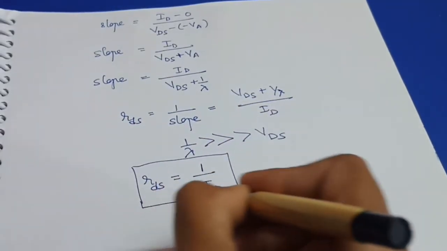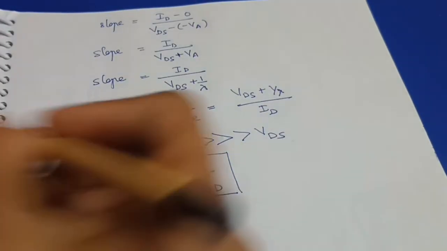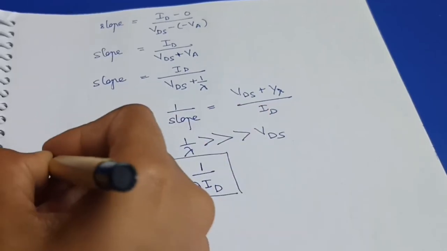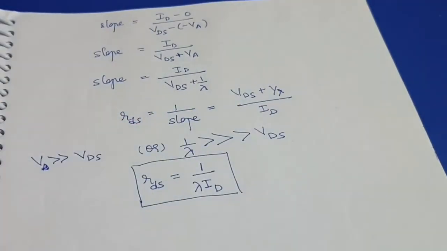So in some of the numericals, we can use this formula also, where the condition given is that this parameter 1 by lambda is much greater than VDS, or early voltage is much greater than VDS, right? If this condition is given, then we can use this formula.